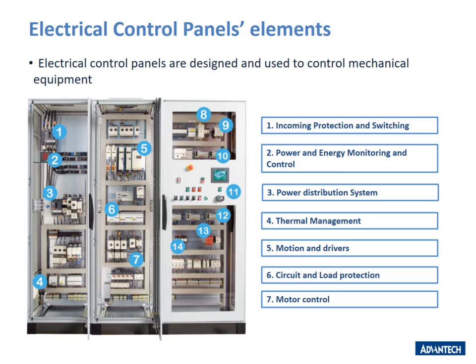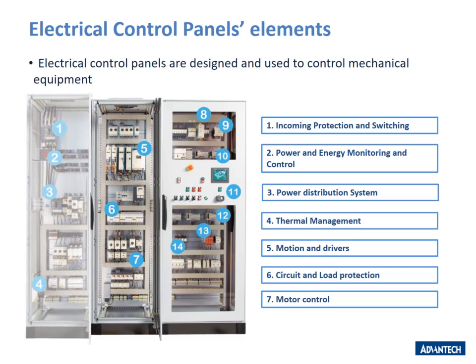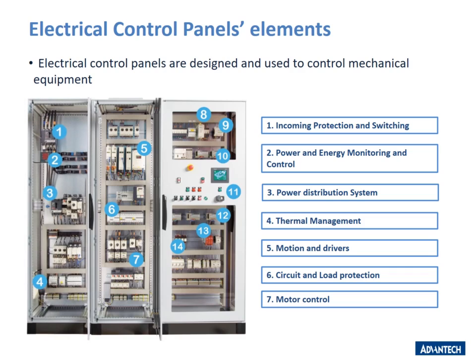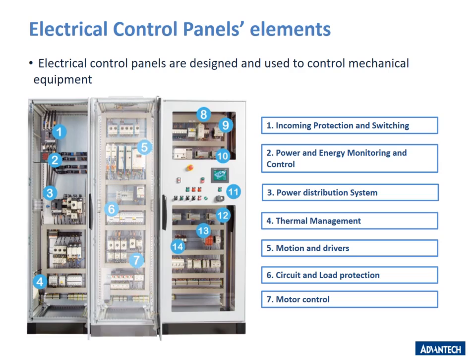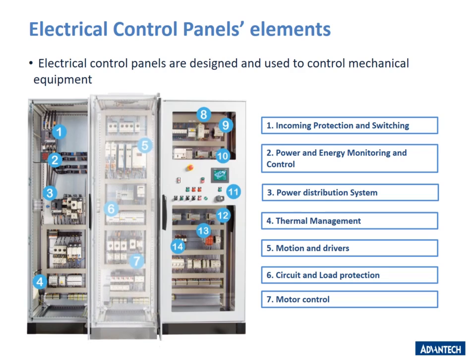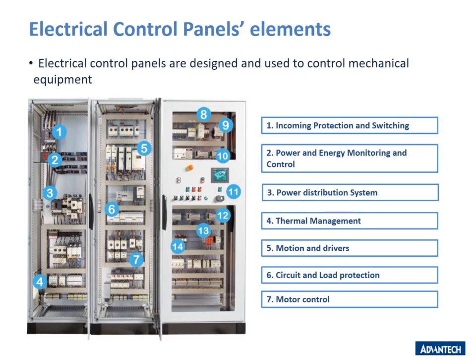Electrical control panels are designed for mounting control mechanical equipment. Usually the design of a cabinet starts with 1. Incoming protection and switching. 2. Power and energy monitoring and control. 3. Power distribution system. 4. Thermal management. 5. Motion and drivers. 6. Circuit and load protection. 7.